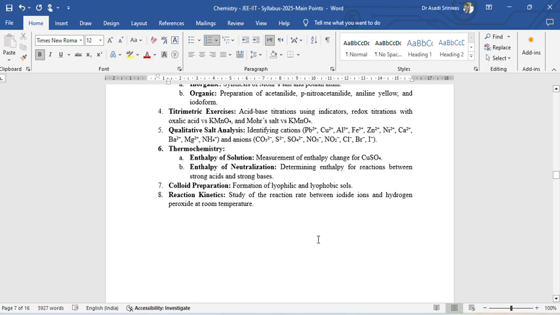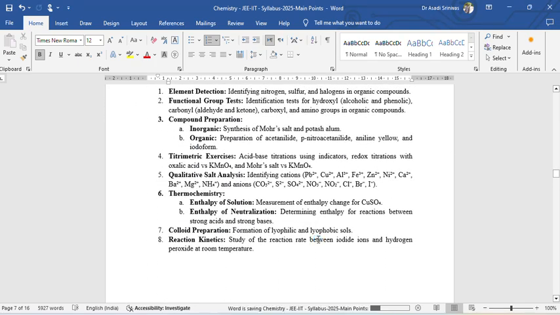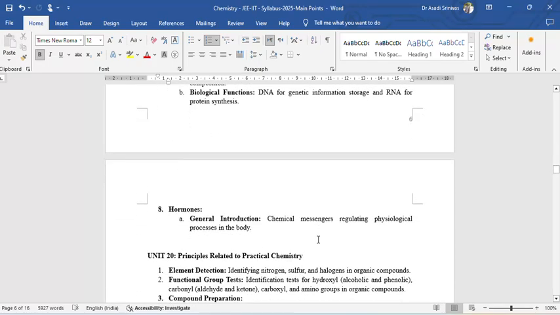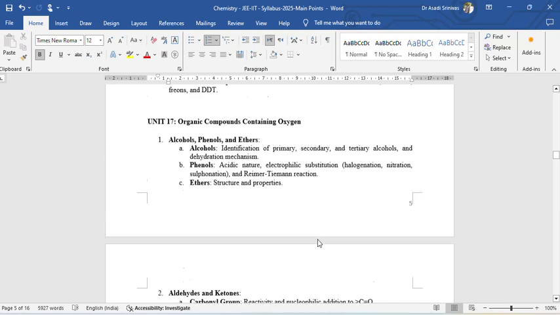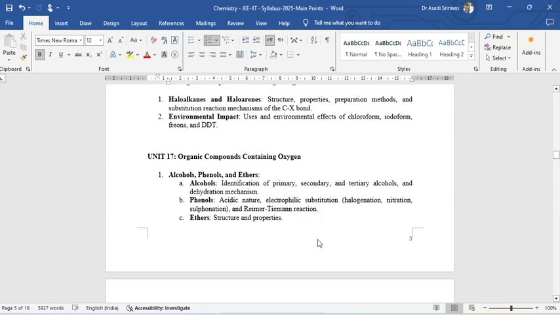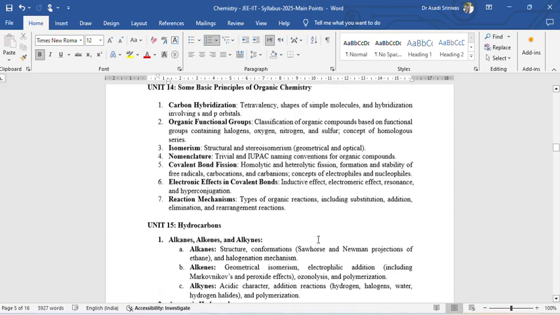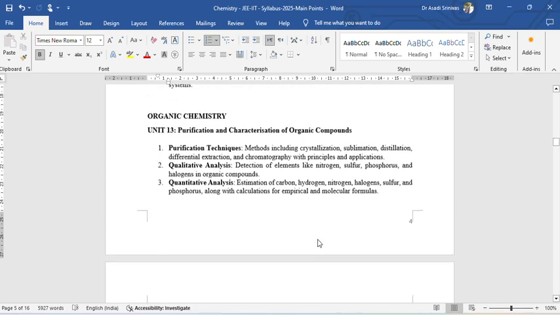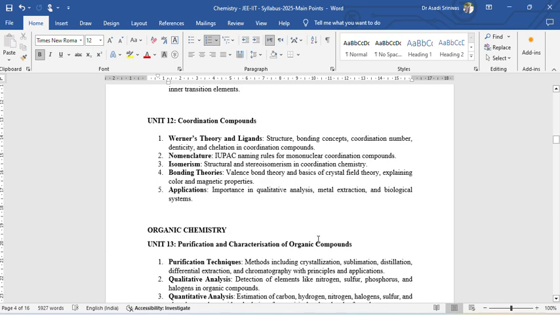Then coming to coordination compounds, compounds that are made with coordinate bonds, with different coordination numbers. So Werner's theory and ligands, the structure, bonding concepts, coordination number, denticity and chelation. The nomenclature: the IUPAC naming rules for mononuclear coordination compounds.